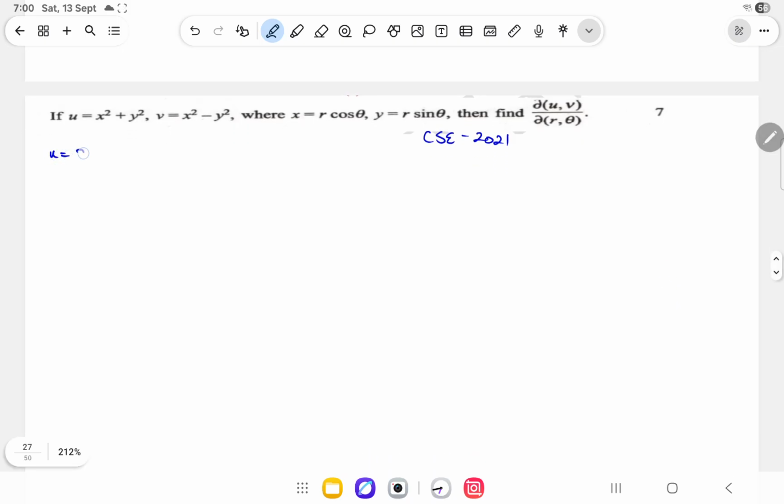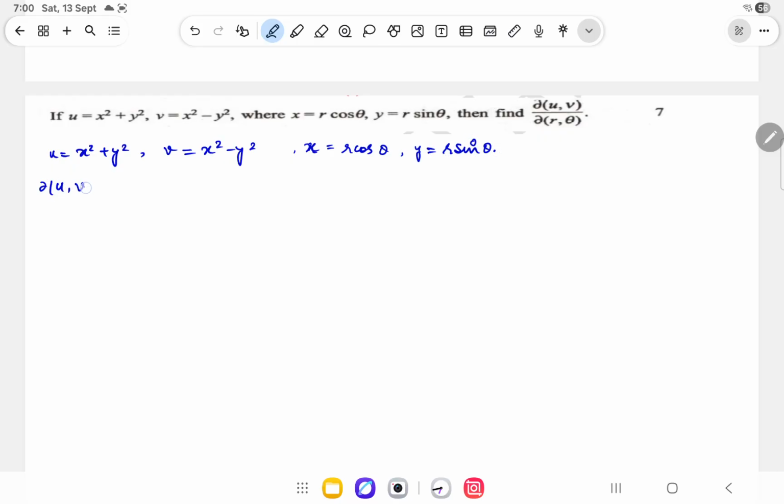So u is x square plus y square, v is equal to x square minus y square, x is equal to r cos theta, and y is equal to r sin theta.